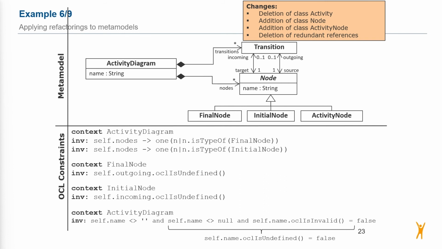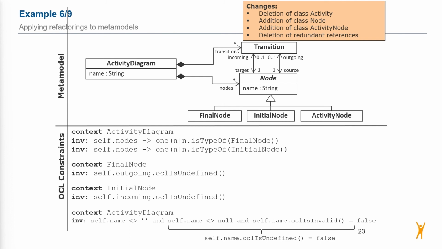So the initial node of an activity diagram may not have any incoming relationships. And finally, for the activity diagram, you could say the name of an activity diagram shall not be empty or undefined, right?